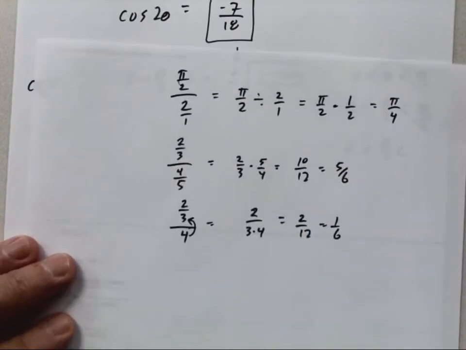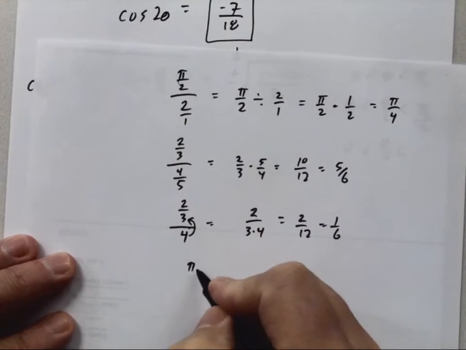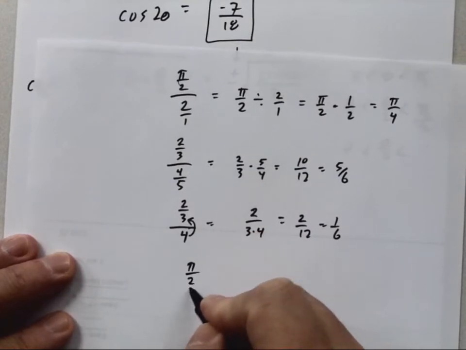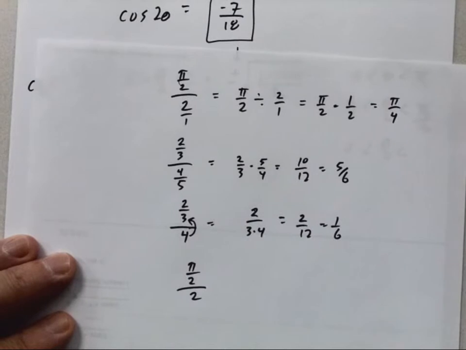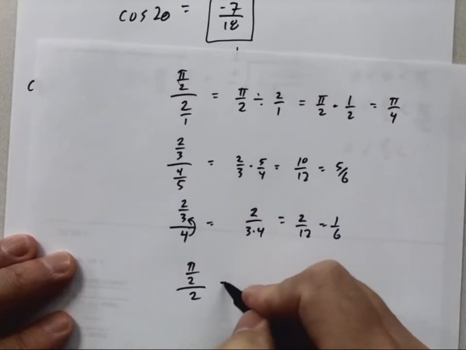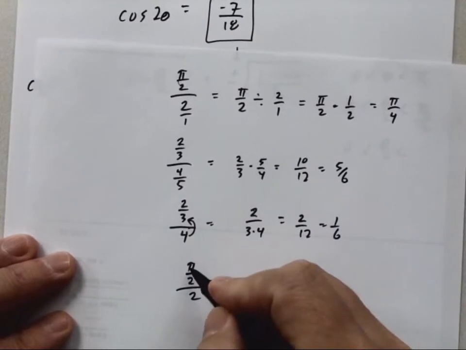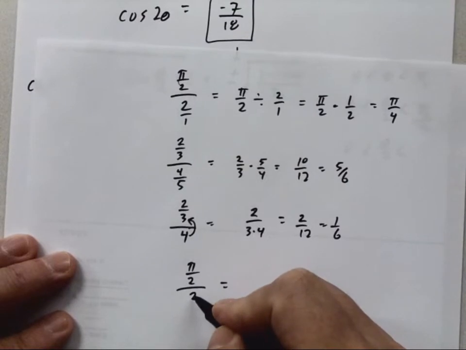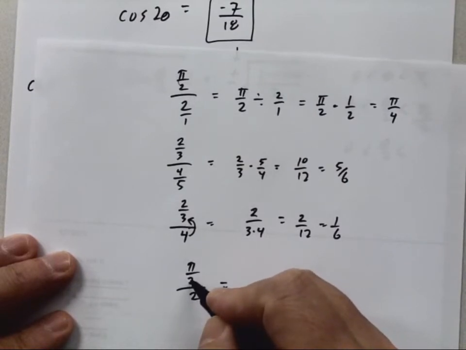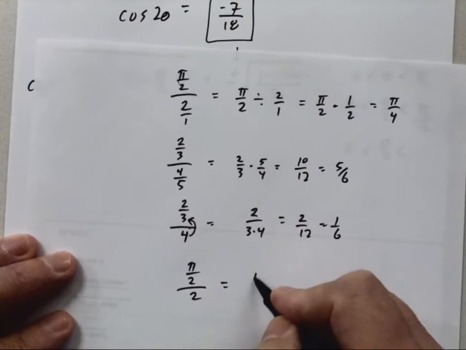So let's go back to the original problem we had. So from now on, when I have something like this, the shortcut says I have a fraction, power over 2, divided by a number. I simply multiply my denominator by this number here.